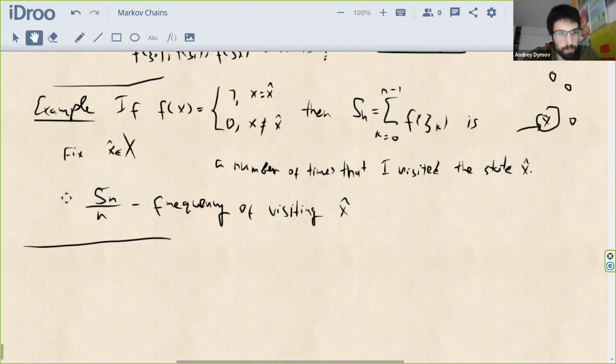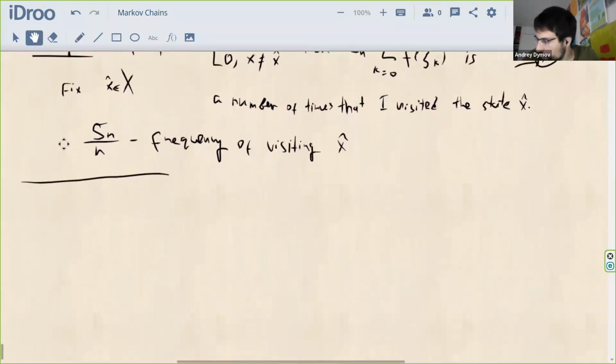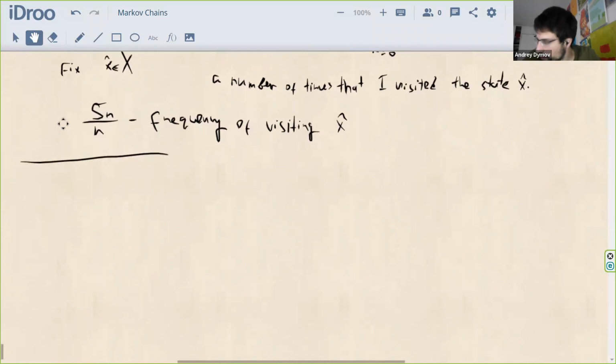Well, before formulating the theorem, I will have to introduce some more notation.